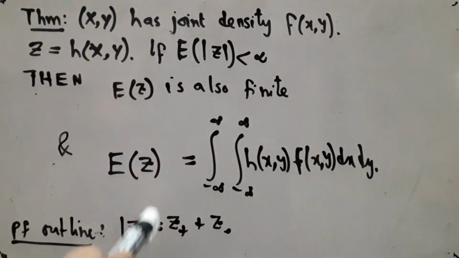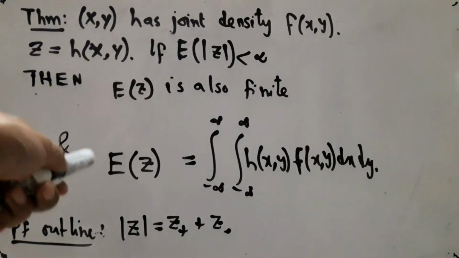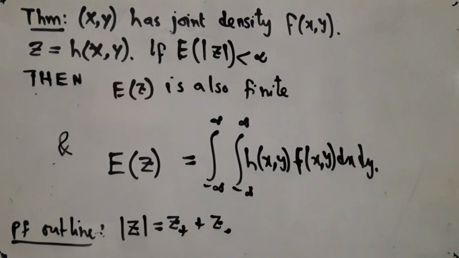So if this has a finite expectation, each of them must have finite expectation, and then by doing a little jugglery, you can arrive at this. We shall not pursue the proof here. You can try your hand at it yourself.